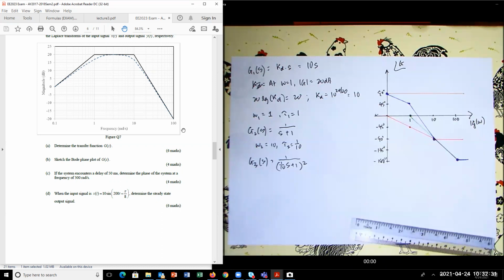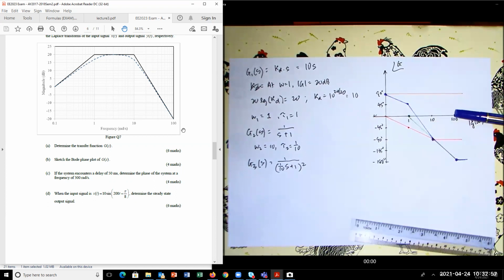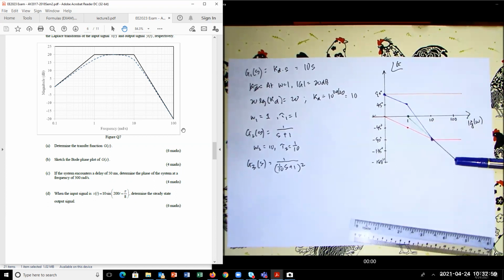If it's a repeated pole, at the corner frequency, instead of minus 45, it will be minus 90. See? At the corner frequency of 10, it is minus 90. Double. 1 decade before that is 0. 1 decade after that, instead of minus 90, it becomes minus 180. That's all. No secrets, no mystery there.